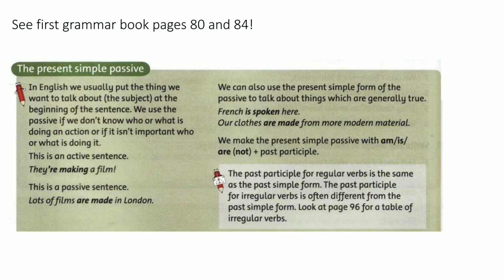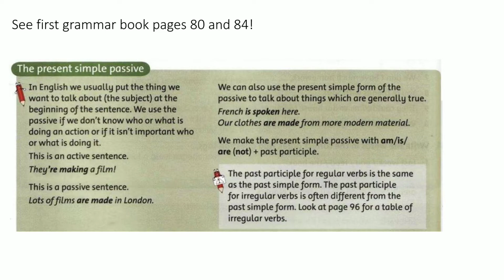Let's see the active sentence first. They are making a film, and if we change it into passive, it becomes: Lots of films are made in London. Same for the second example. We can also use the present simple form of the passive to talk about things which are generally true.